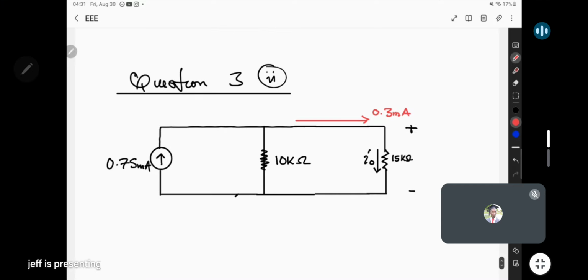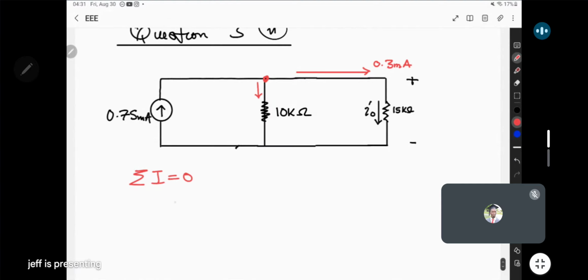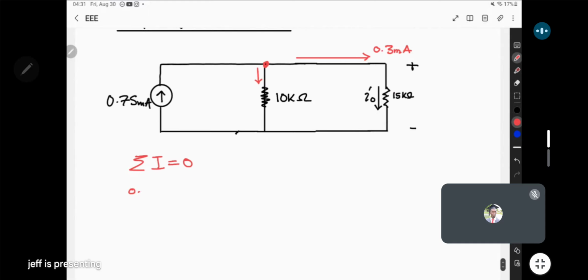Now, since the current coming from the supply here is 0.75, we can use that 0.75 to find the current that will go down here. So for this junction here, we use Kirchhoff's current law. At that junction, the sum of all currents equals 0, implying that the 0.75 milliamps entering the junction minus whatever this is, let me just label it as I, minus that leaving the junction, minus 0.3 also leaving the junction, must be equal to 0.